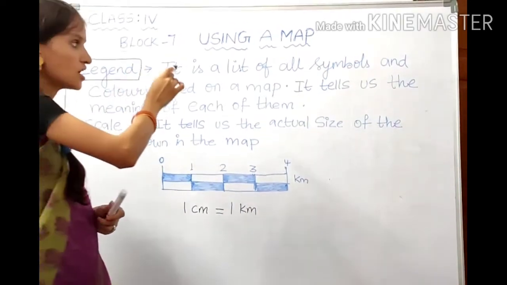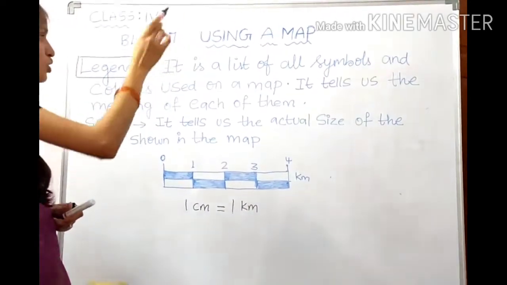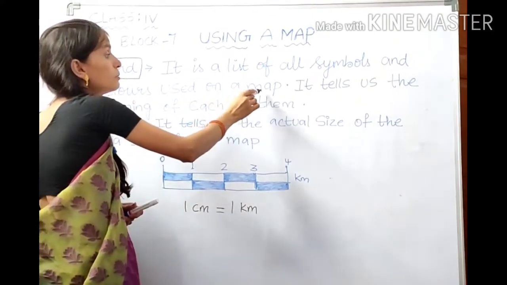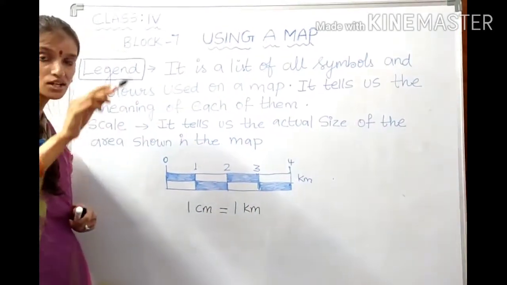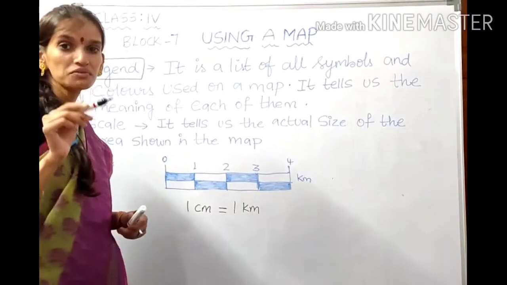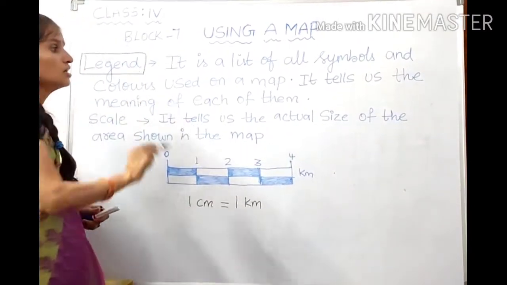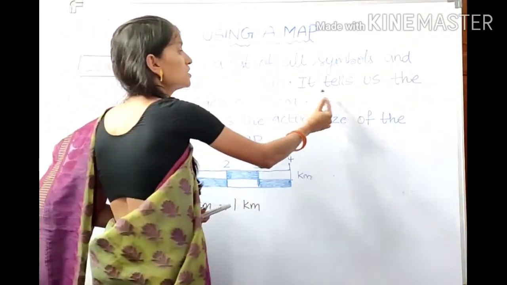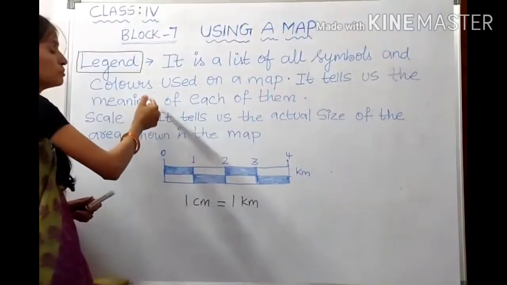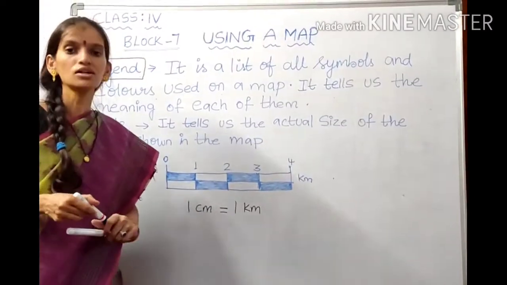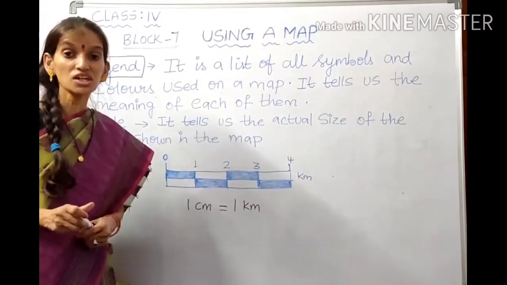It has all symbols and colors used on a map. Whatever is there on a map, like color symbols, you will find, no, children. So all it will be there in the legend, and it tells us the meaning of each of them.